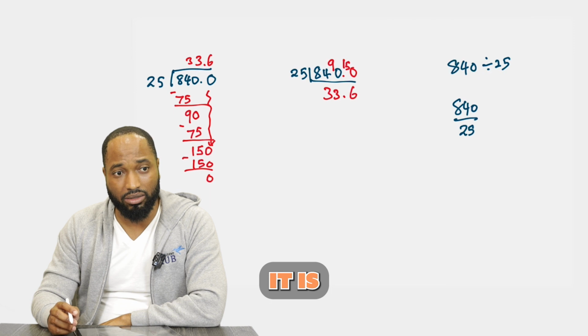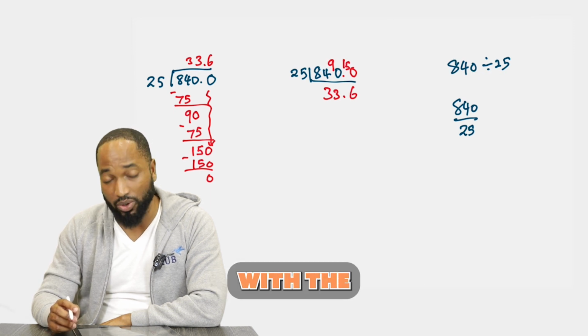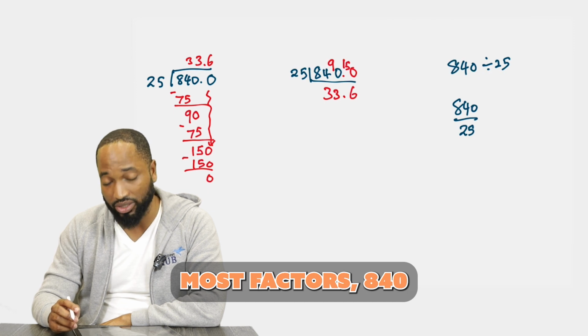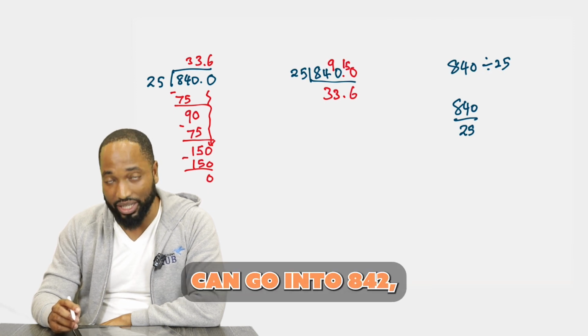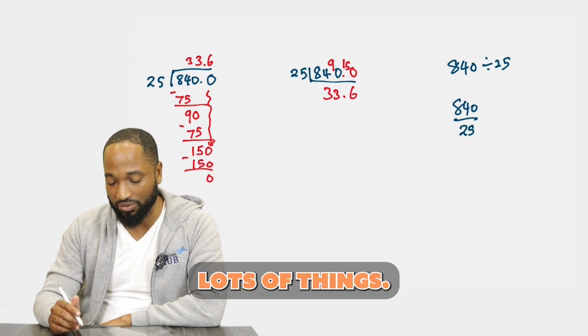I think it's the number between 100 and 1000 with the most factors. Lots of things can go into 840: 2, 3, 5, 10.